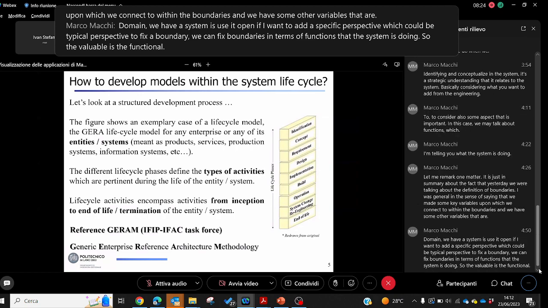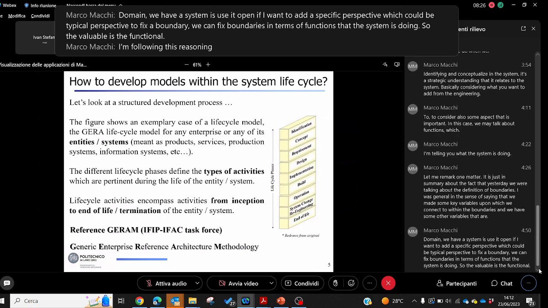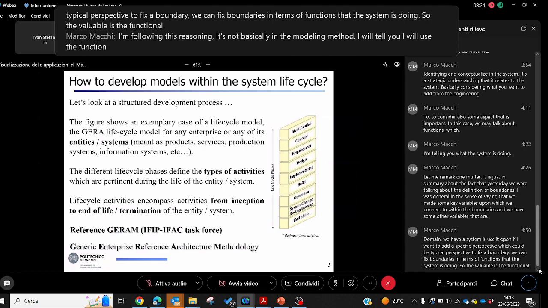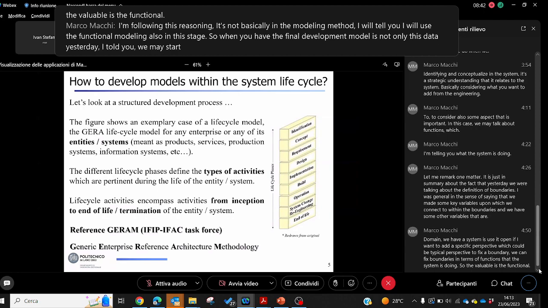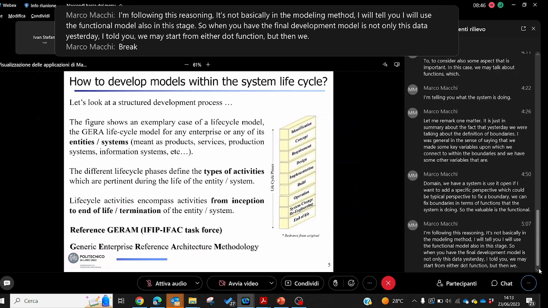I'm following this reasoning because basically in the modeling method I will tell you, I will use functional modeling also in this stage, when you are defining the boundaries. Functional modeling is not only in this stage. Yesterday I told you we may start from high-level functions, but then we can go down a level, breaking down the function into sub-functions to have more details.